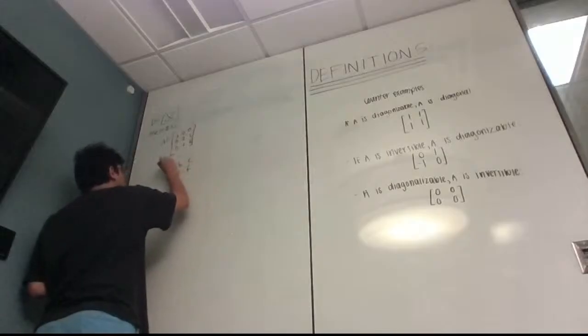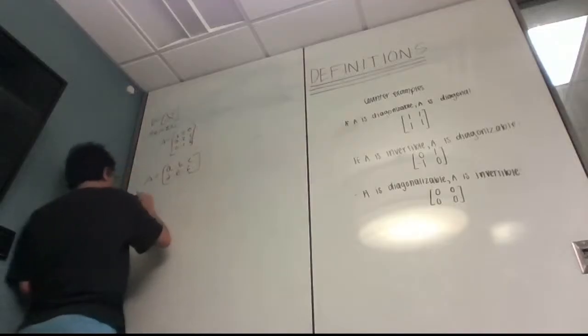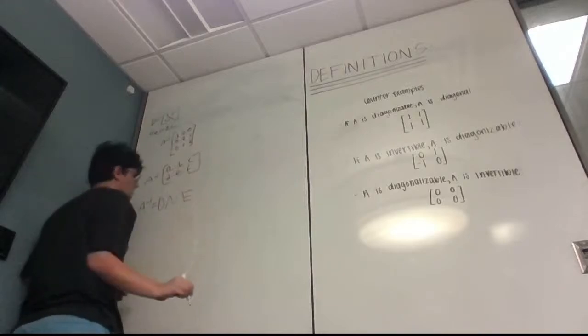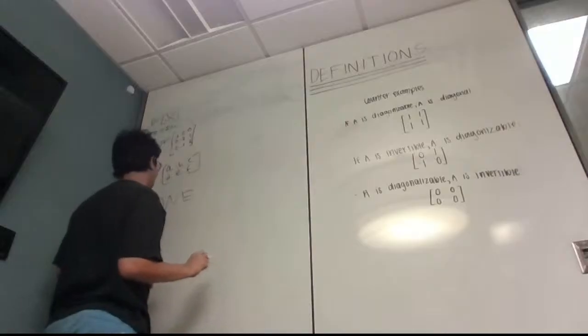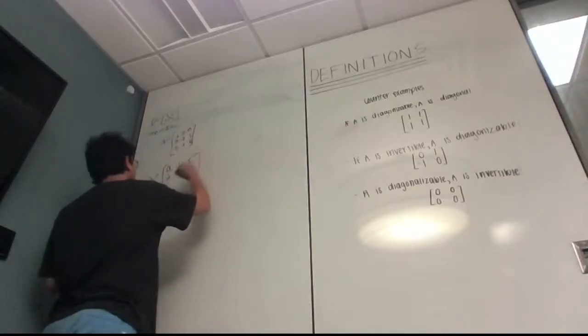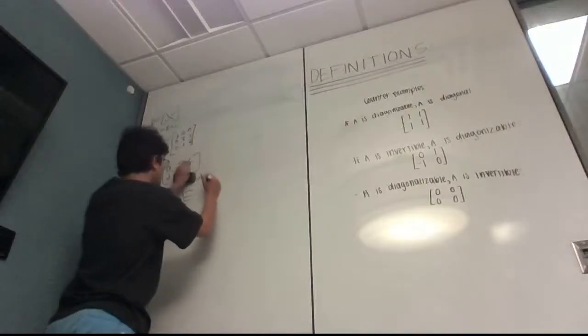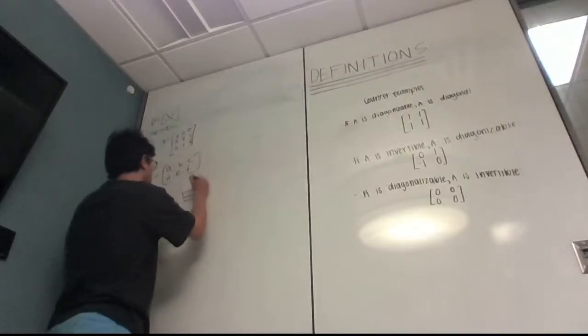Another thing you can't do: you can't find the inverse of a non-square matrix, for example this.